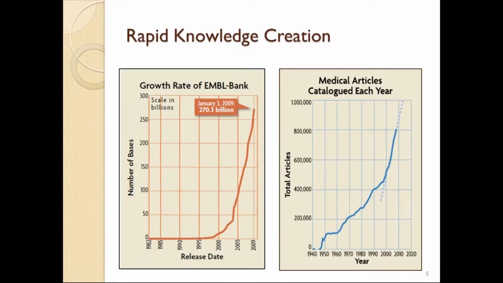and they're also rapidly being accumulated. On the left side, you can see a figure that shows the growth rate of GenBank, and this GenBank is a repository of DNA information. Over the years, you can see that this information is growing at exponential scale. Right? I still remember that in 1984, well, I wasn't in the field.